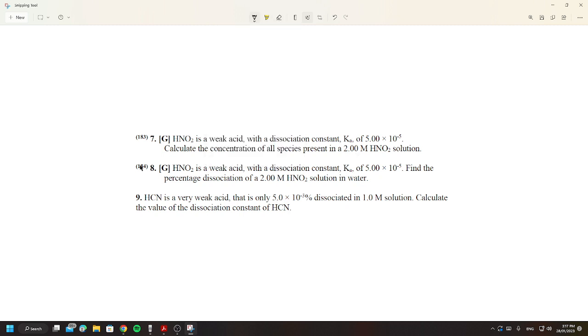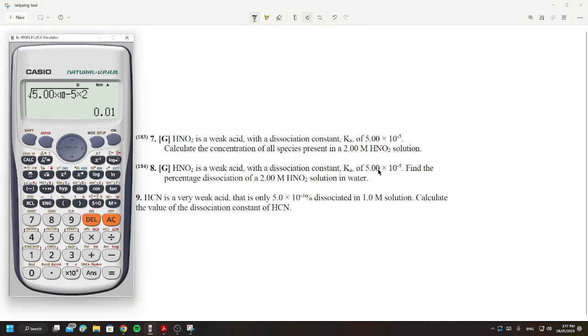Now, number 8, same thing. Here they want us to find percentage dissociation. So we're just going to do the same thing, radical KaC. Here they give us the same values of Ka and concentration.